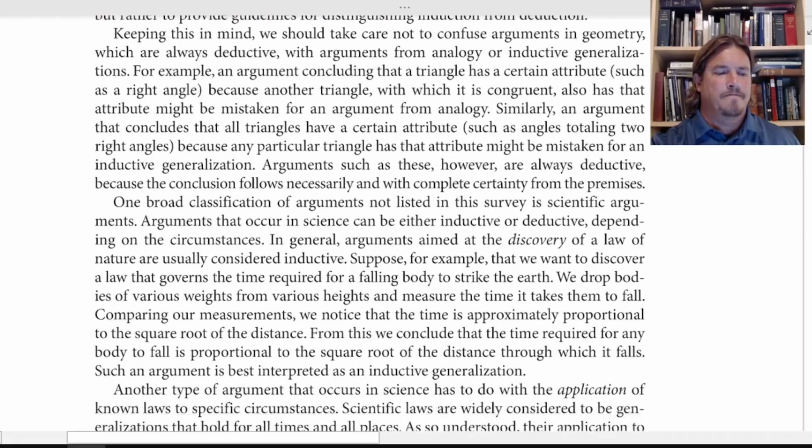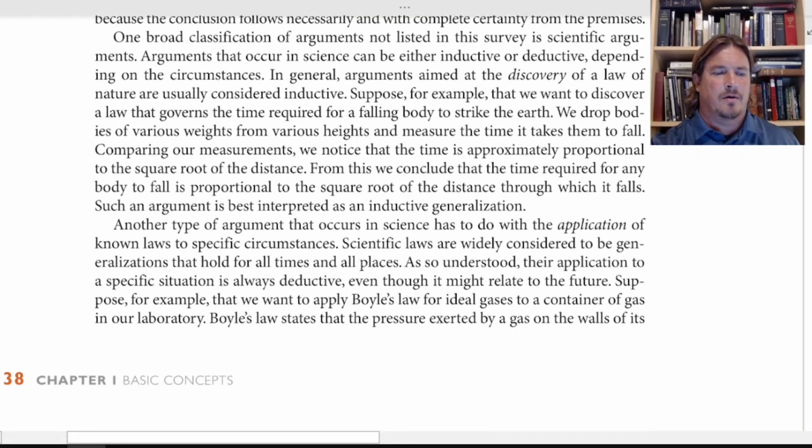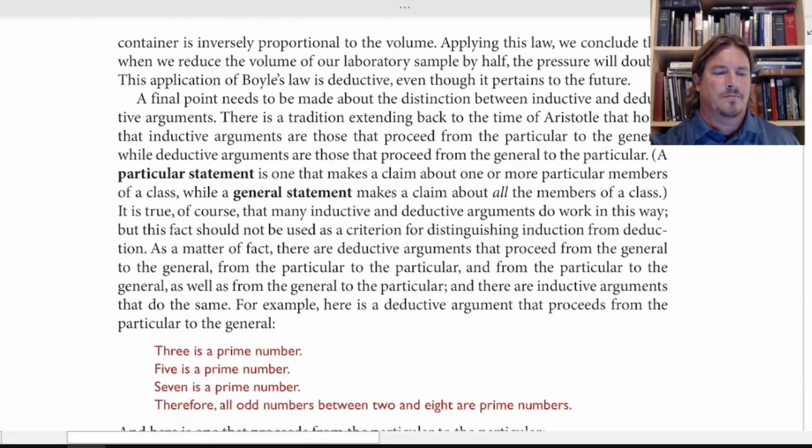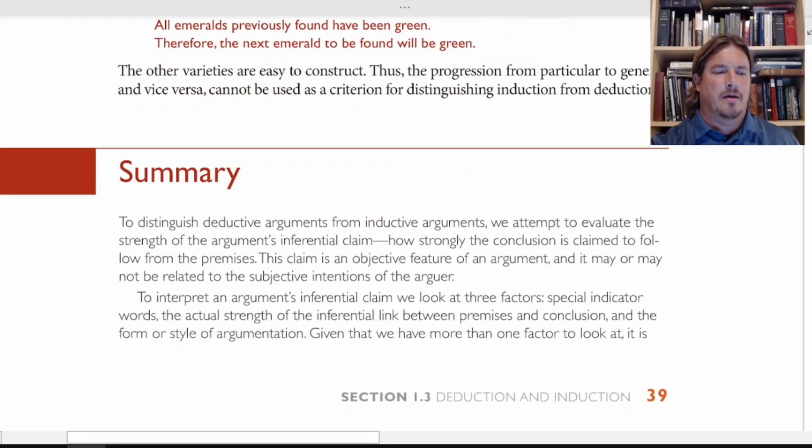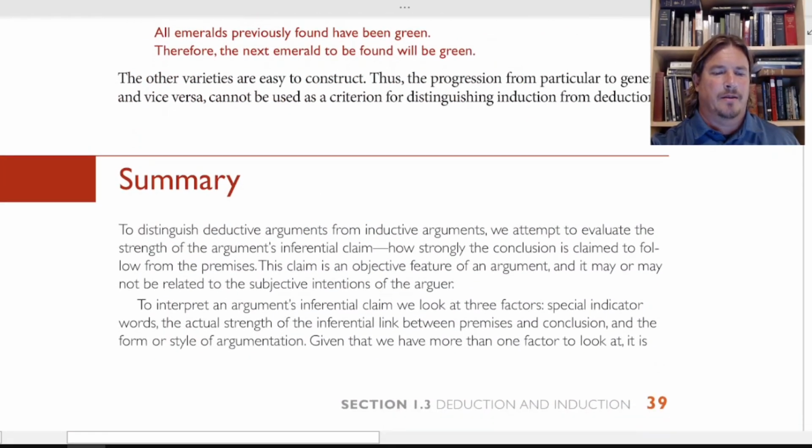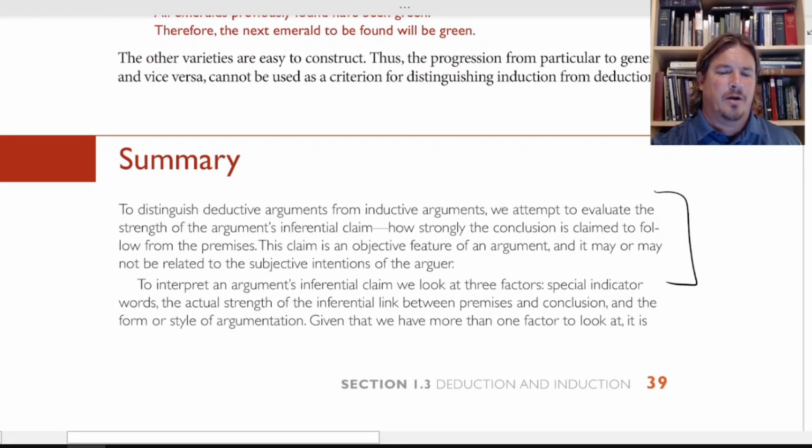All right. I think that's probably all I want to say about this statement. Again, on the summary part here on page 39, there's a key claim, right? I'm going to just read this, so just follow along, or you can read it yourself. To distinguish deductive from inductive arguments, you attempt to evaluate the strength of the argument's inferential claim. How strongly the conclusion is claimed to follow.